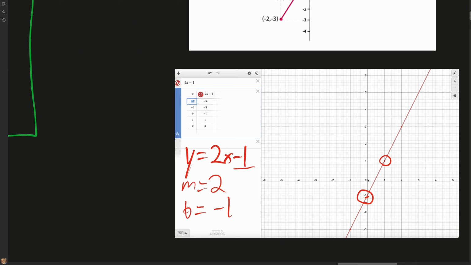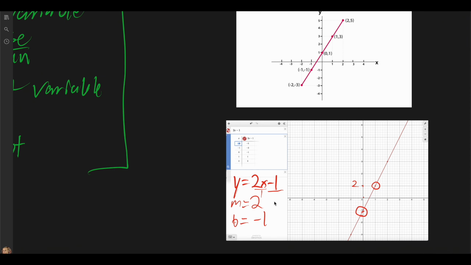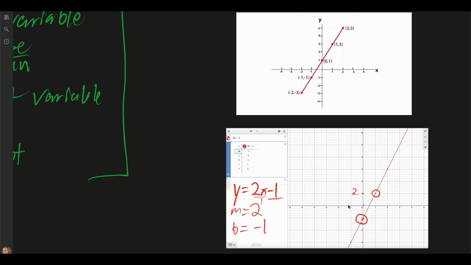Then we go up 1, 2. So we have 2 of them over here, and then we go over 1, representing 1 here. And so we're able to determine exactly the nature of our linear function, where we have our slope, where 2 is going up, and then we're moving over 1 to the right, and we see our y-intercept being -1 right here.